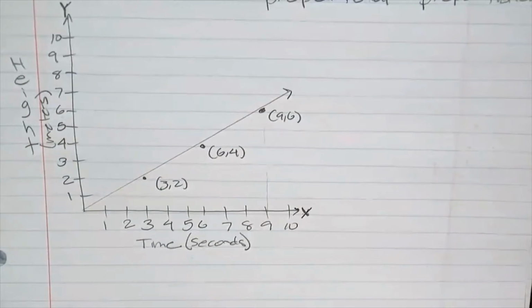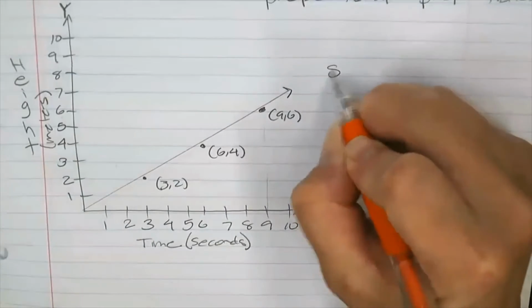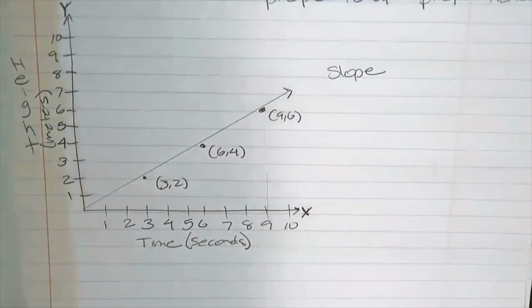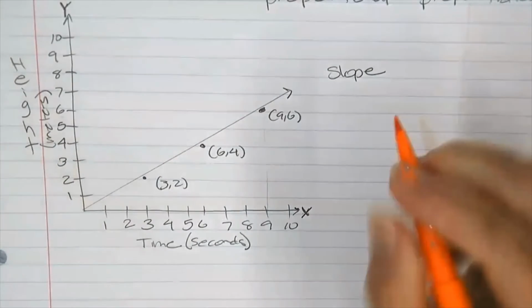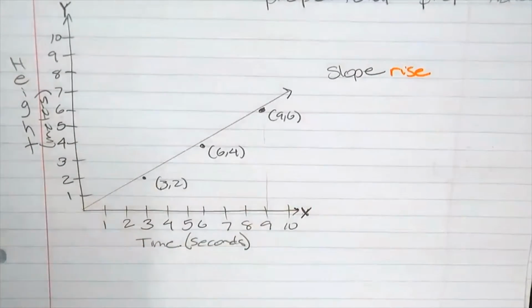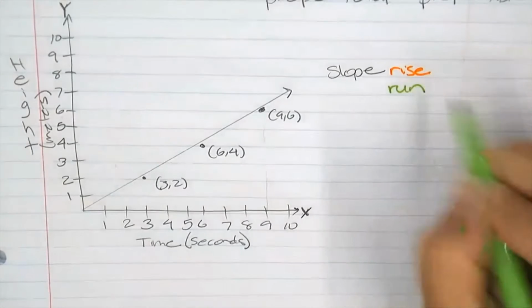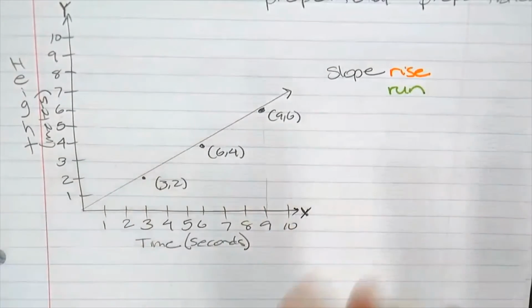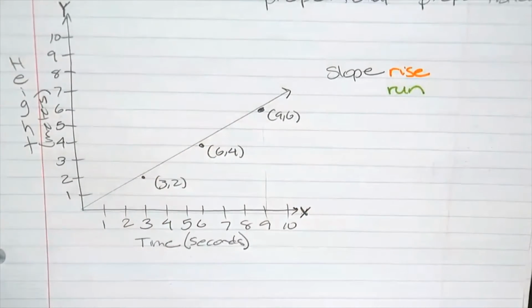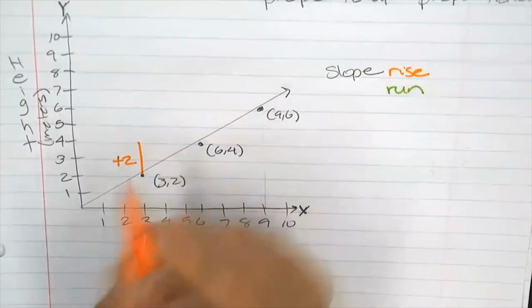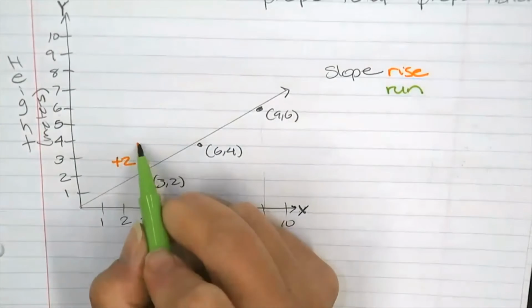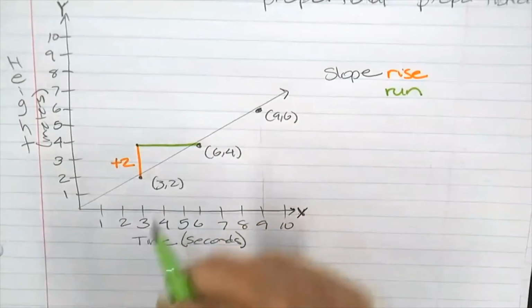So let's take a look at the things we know. We know that slope is the rise over the run. So let's go ahead and do that. Here's my 2 points. I'm rising and I'm running.